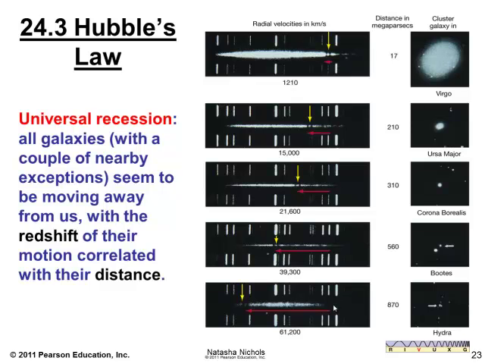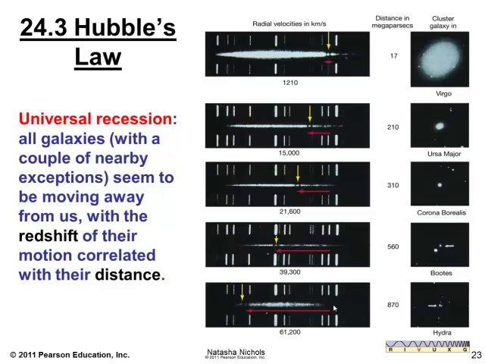So right here we see optical spectra, shown at the left, of several galaxies named on the right. Both the extent of the redshift, which is denoted by the horizontal red arrows, and the distance from the Milky Way galaxy to each galaxy, so those are the numbers in the center column, increase from top to bottom.